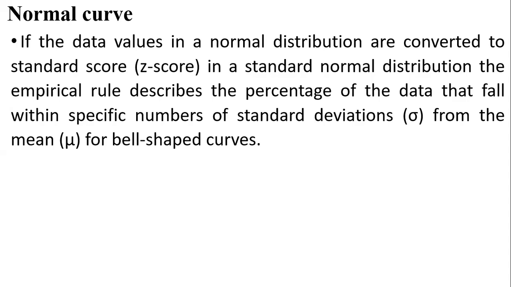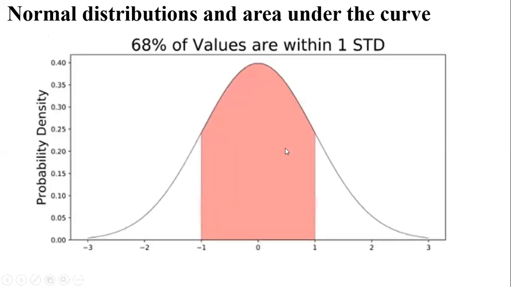I wanted to show that we are moving one standard deviation to the right and one standard deviation to the left from the center of the normal curve. So you can see this is the horizontal line down there.